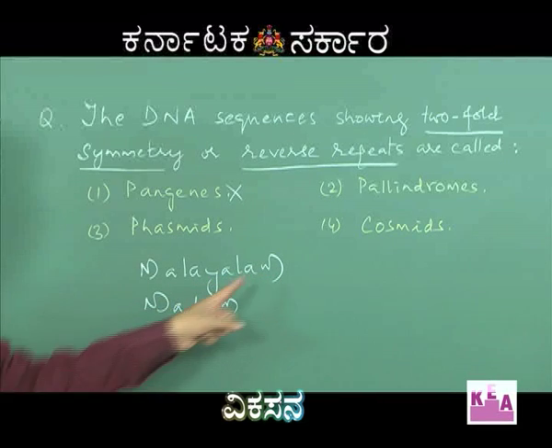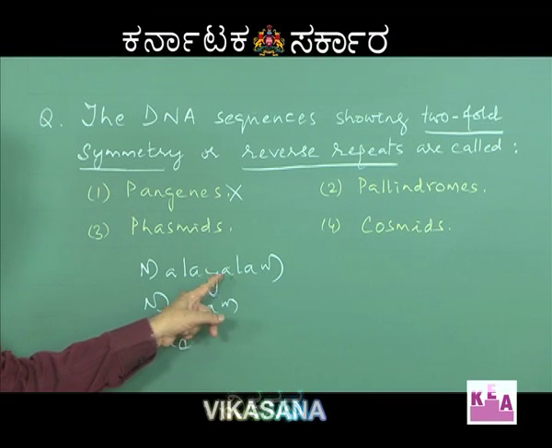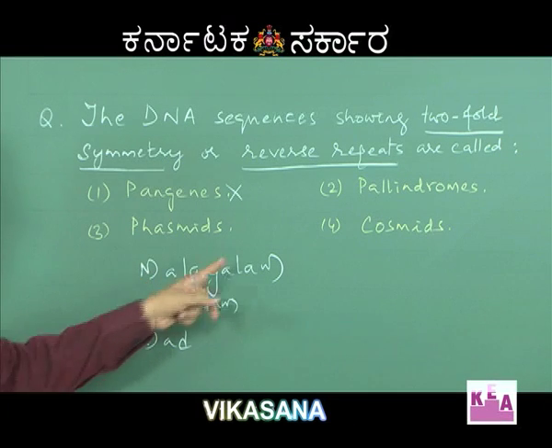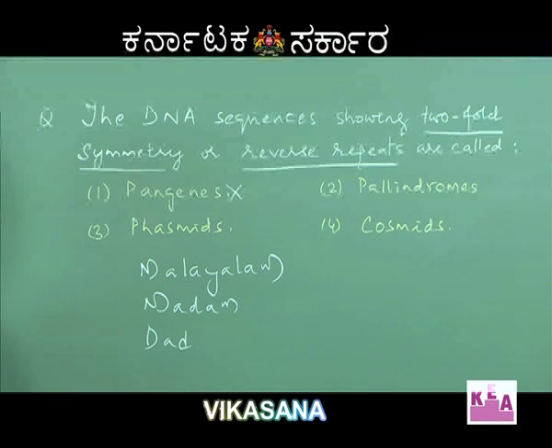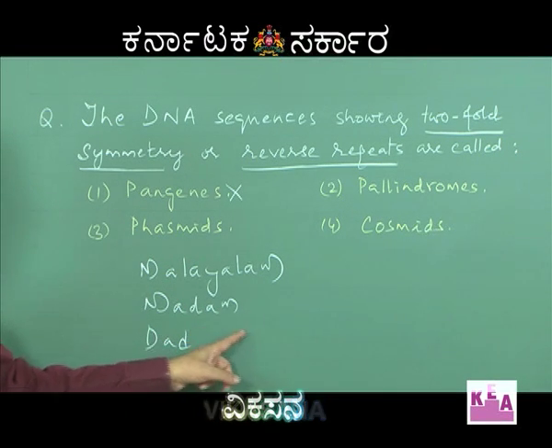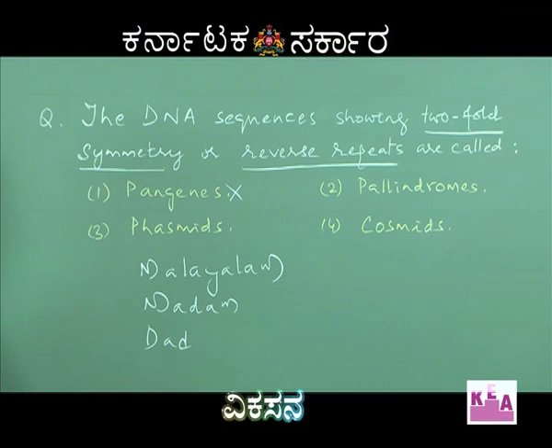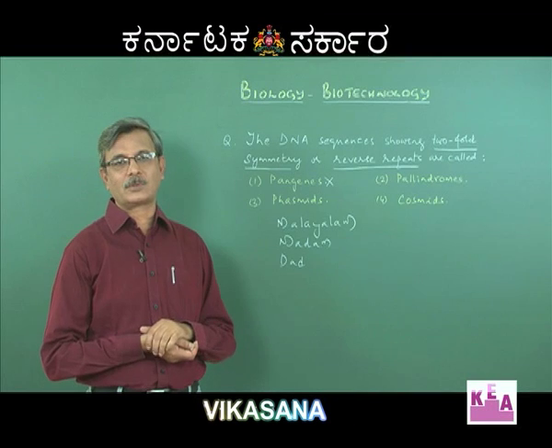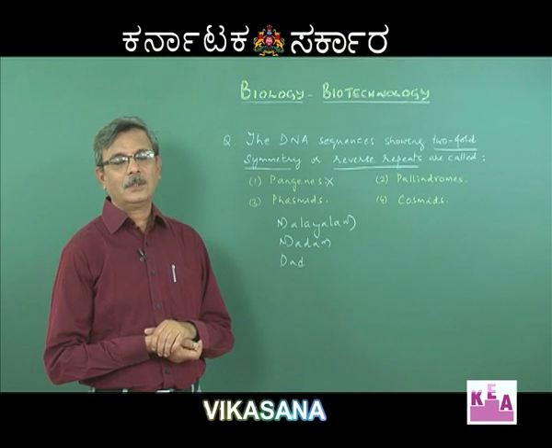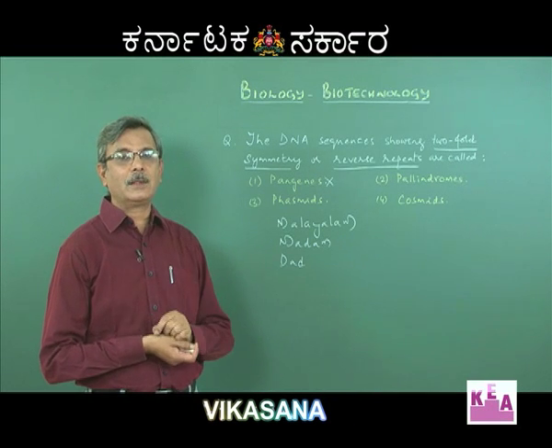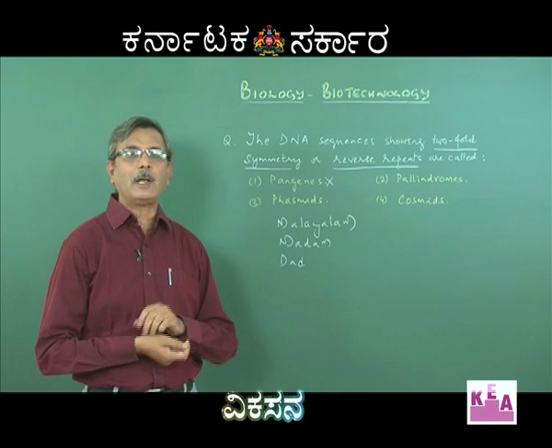M-A-L-A-Y-A-L-A-M, Malayalam, from both sides. Madam, M-A-D-A-M. Dad, D-A-D. We call such words palindromes. If they spell the same from both directions, you call them palindromes.